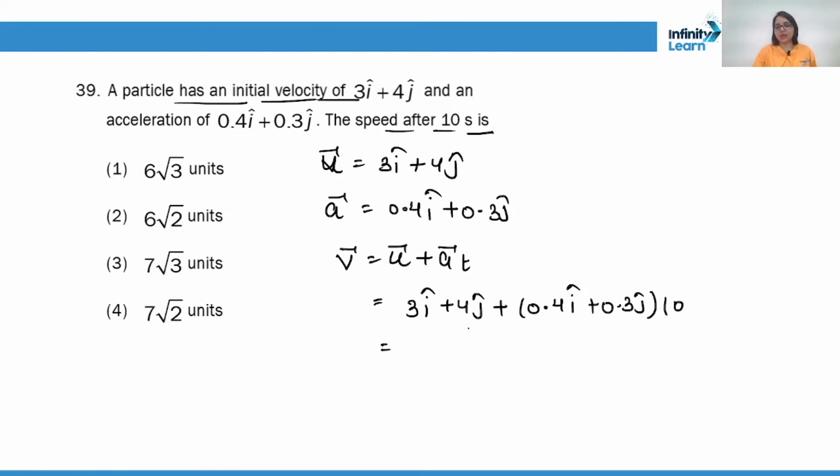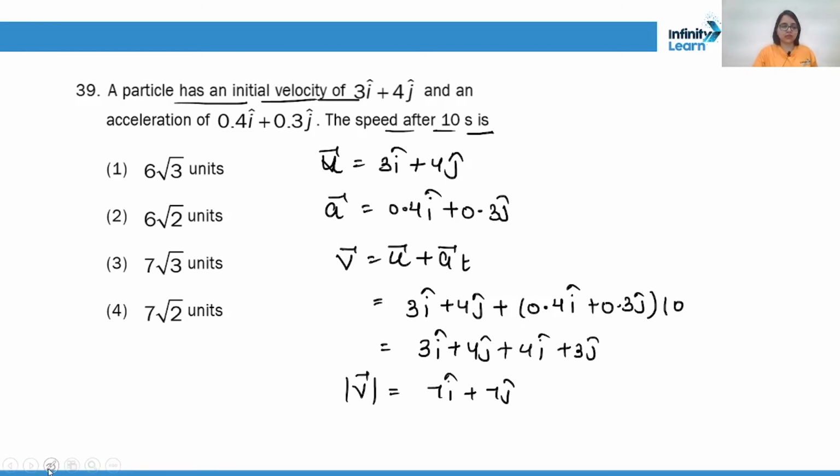So this is 3 i cap plus 4 j cap plus 4 i cap plus 3 j cap. So we have 7 i cap plus 7 j cap, right? This is the vector form. So the magnitude will be the square root of 7 square plus 7 square, which is 7 root 2 units. So the correct answer is option 4.